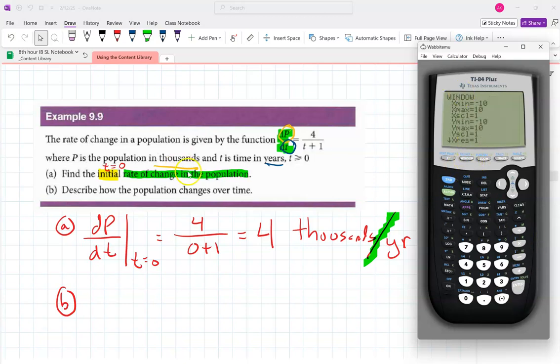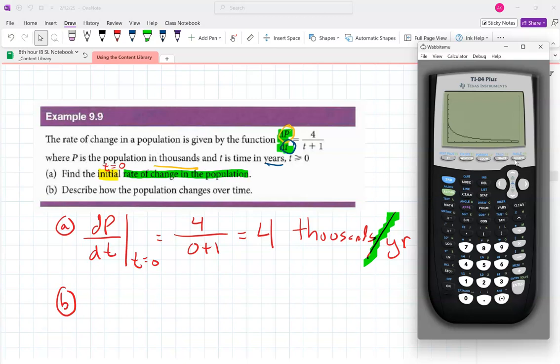Now the window I'm going to use: x is time. It tells me that t is greater than or equal to 0, so let's make the x min 0. Everybody's okay with that? The y is going to be that change in population. So I'm going to have a positive over a positive, so I know that y value has to be positive. So let's again make the y min 0 just to get a decent picture, and then let's hit graph.